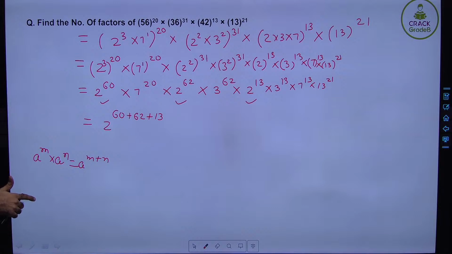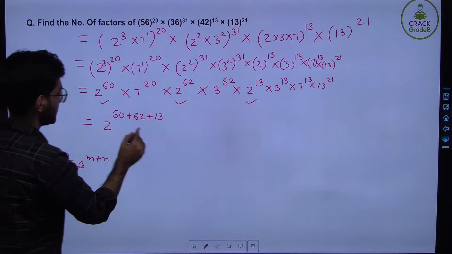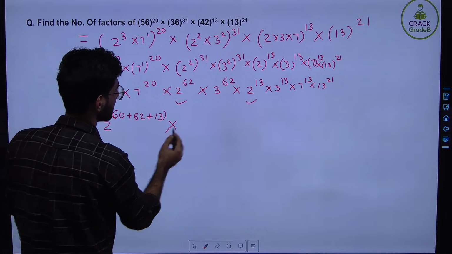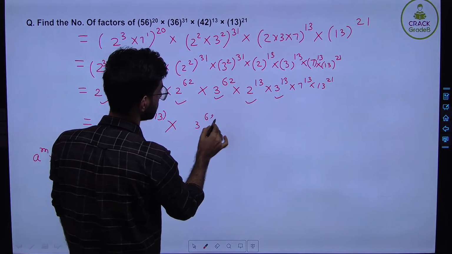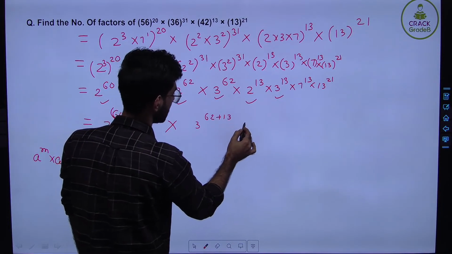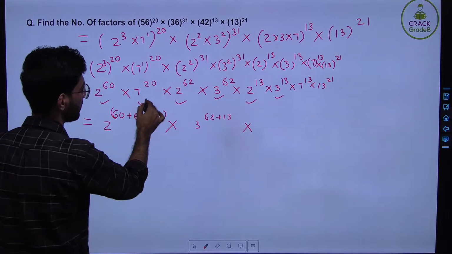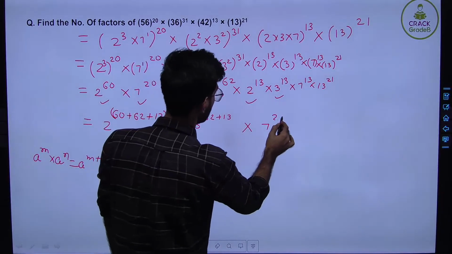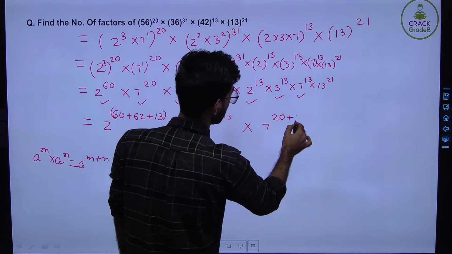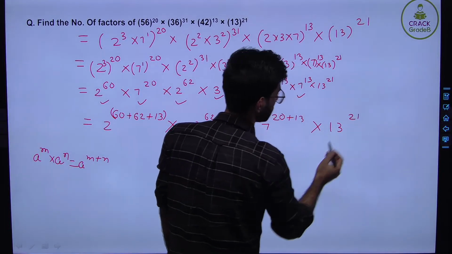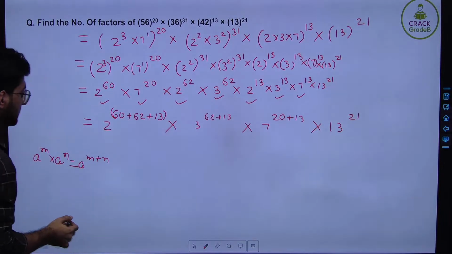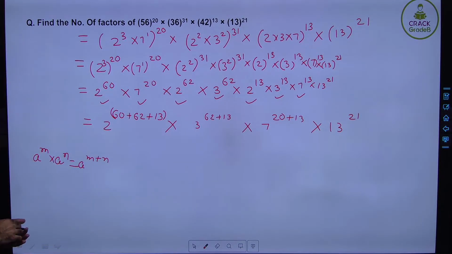Are you able to get this? Into, let us look at 3 to the power 62 plus 13, then you will have to look at 7 to the power 20 plus 13, then you will have to look at 13 to the power 21, right?